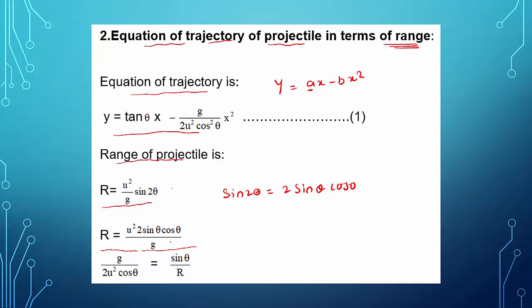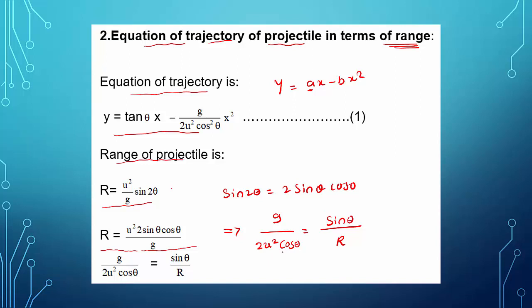Or we can write this equation as, observe here, I am going to take r on RHS side, it will go to denominator. I am going to take g on LHS side, it will go to numerator, divided by 2 sine theta into cos theta. In that I am going to take 2u square on RHS side, it will go to denominator, 2u square. I am going to take only cos theta on the LHS side. So remaining is what here? Sin theta.